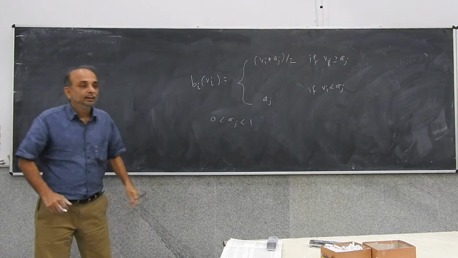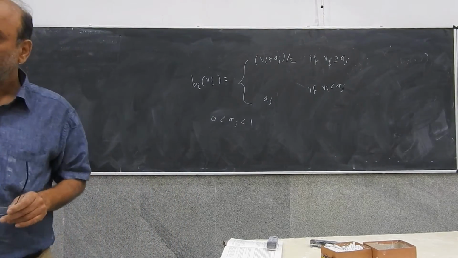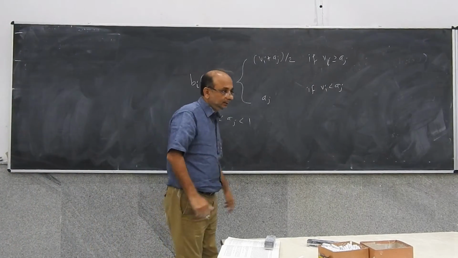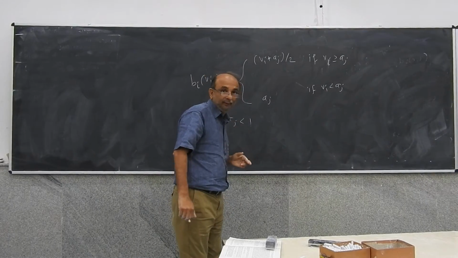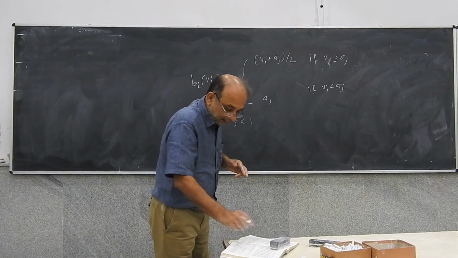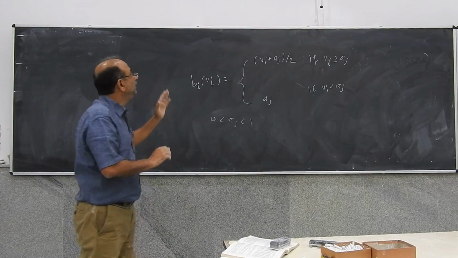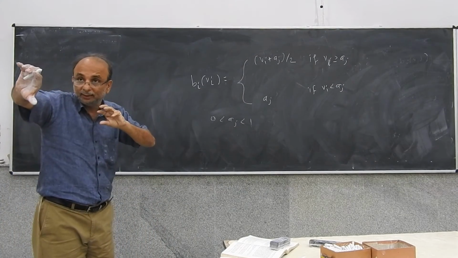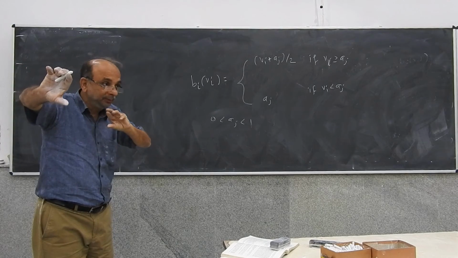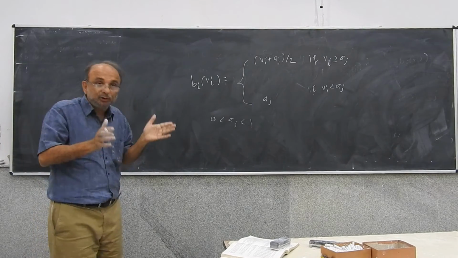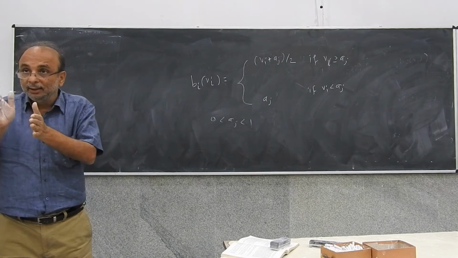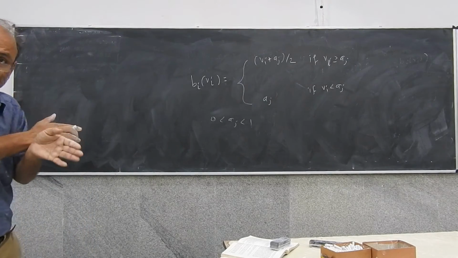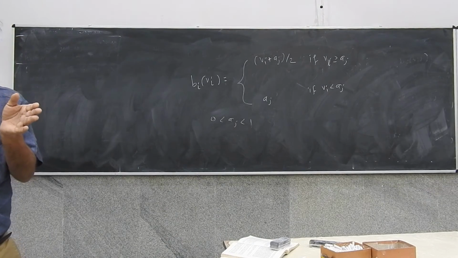Suppose Aj is between 0 and 1. Then, because Vi is distributed between 0 and 1, some of the Vi's will be less than Aj and some of the Vi's can be greater than Aj.